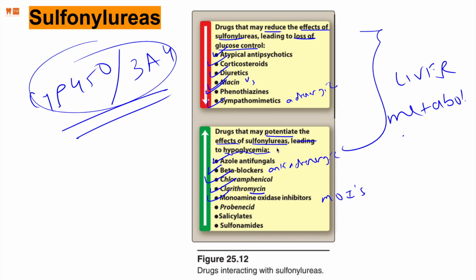So please go and take a look at those lectures as well. Probenecid, salicylates, which is aspirin, and sulfonamides, which is different from sulfonylureas. Okay, it's an antibiotic.